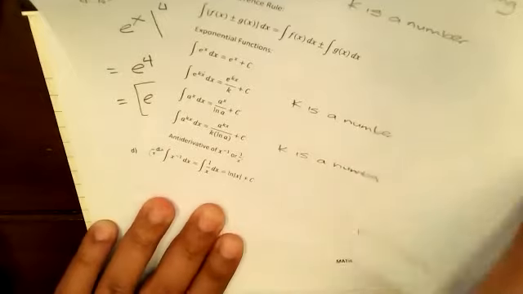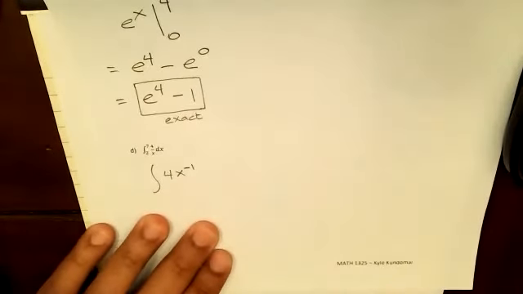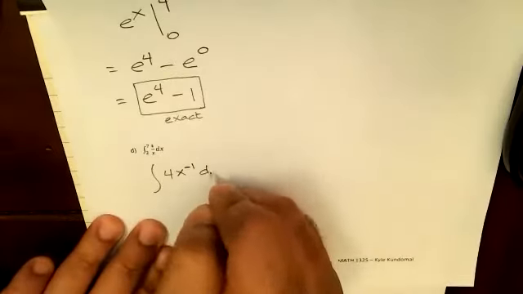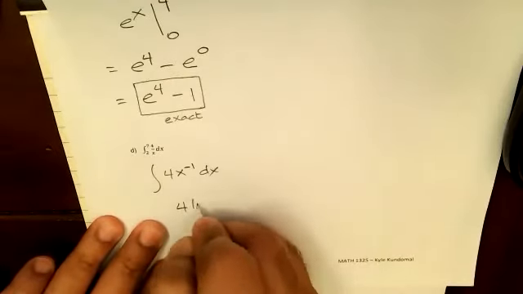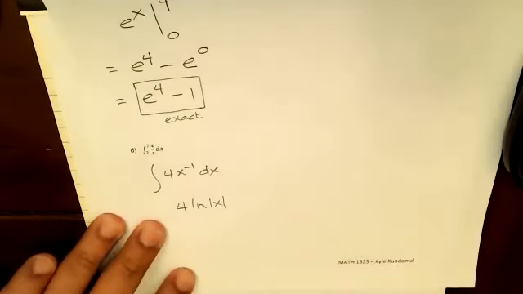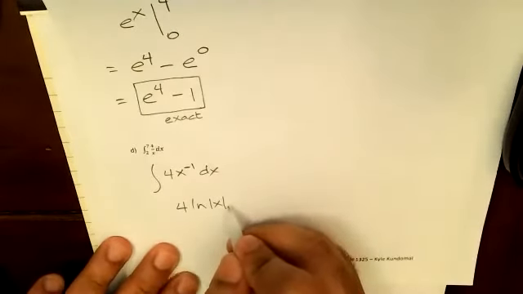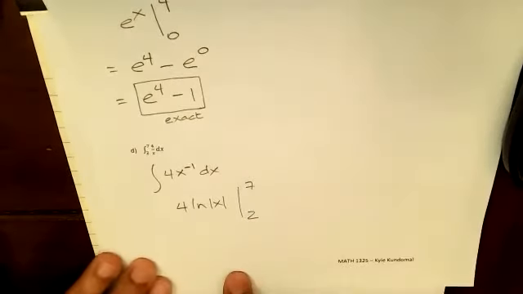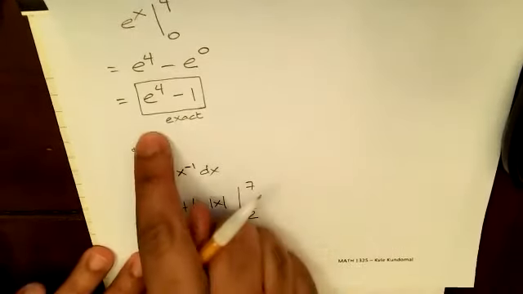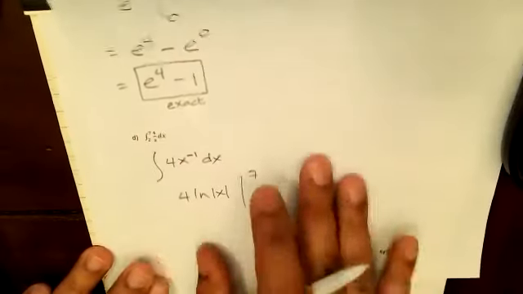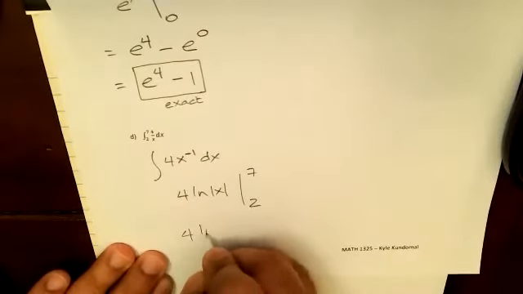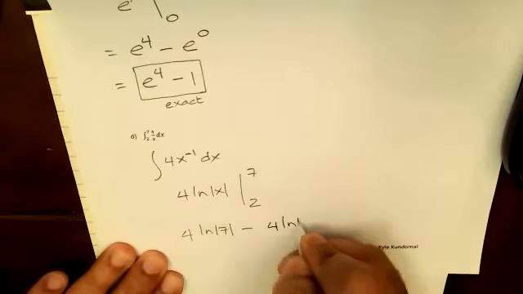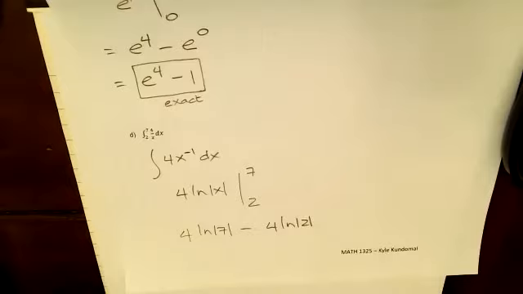So if you have 4x to the power negative 1, the antiderivative would be 4 ln absolute value of x. Now I'm not going to put plus c. Instead, I'm going to plug in the numbers 7 and 2. You draw the line, and then you put those numbers that were here. I'm going to start by first plugging in 7, and then I'm going to subtract, and then plug in 2.